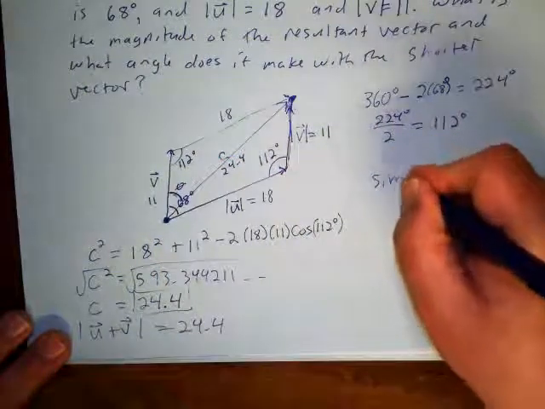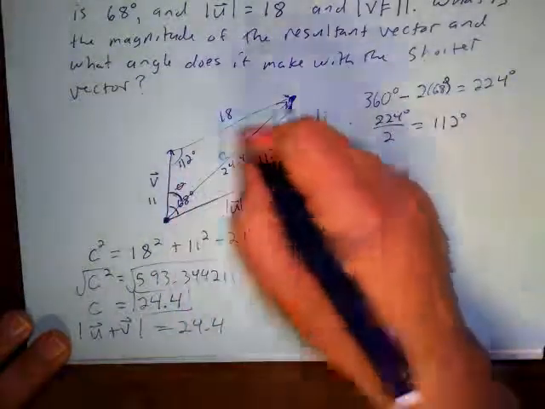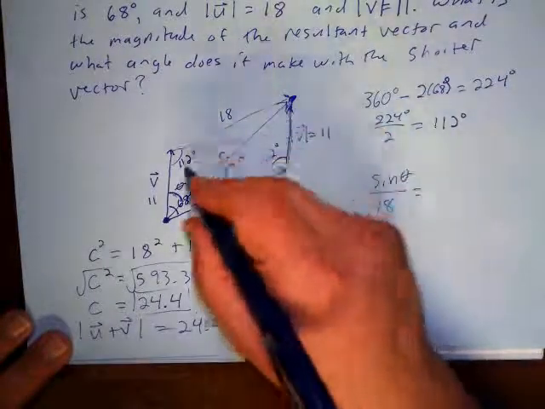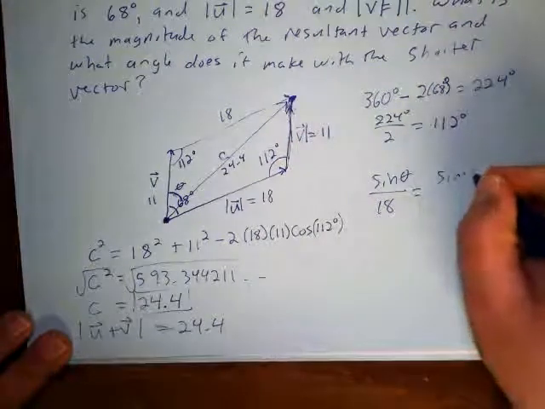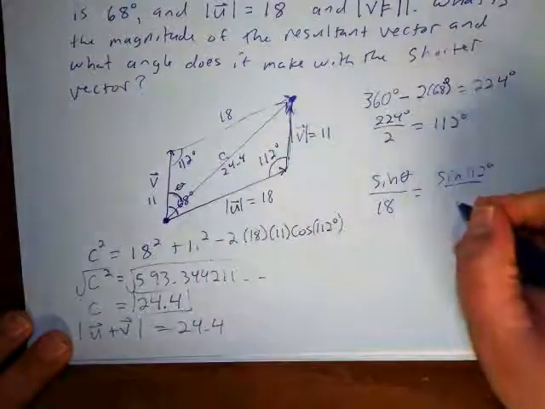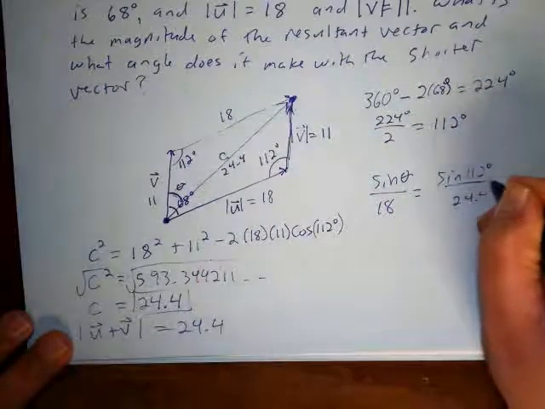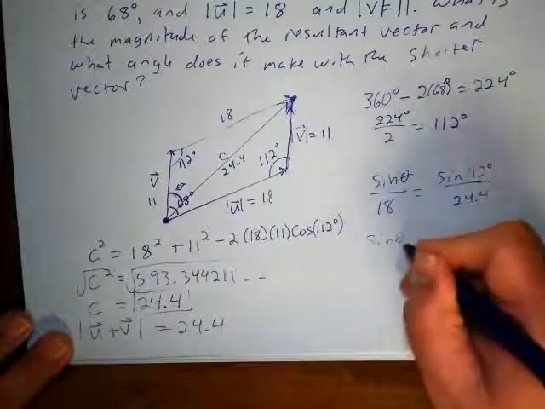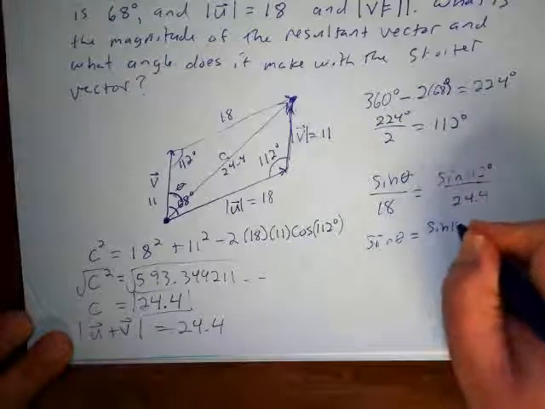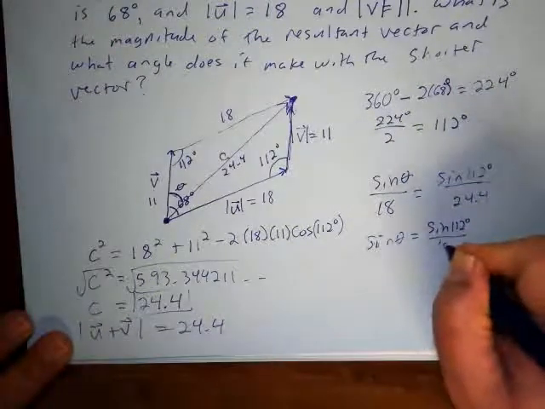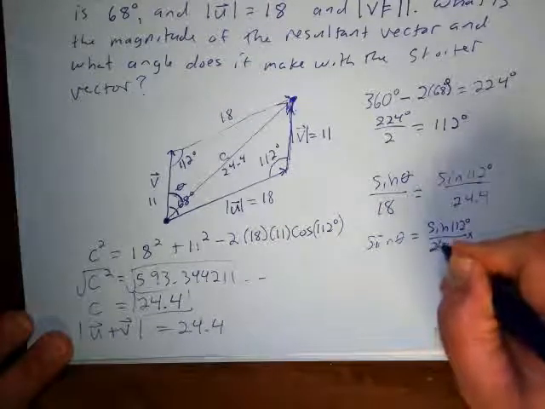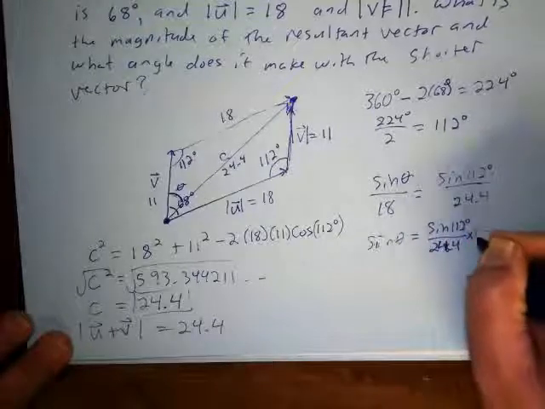So basically I have sine theta is to 18 as sine of 112 degrees is to 24.4. So sine theta is equal to sine 112 degrees over 24.4 times 18.